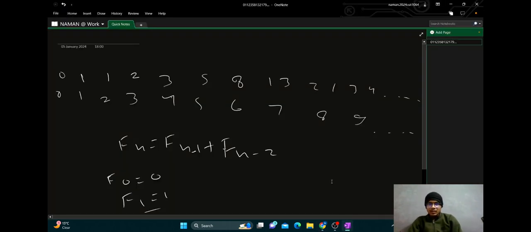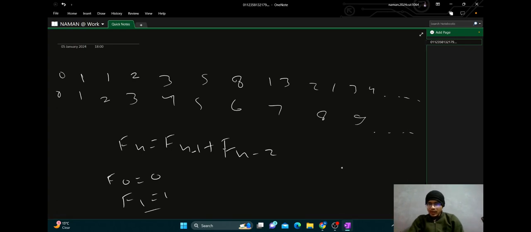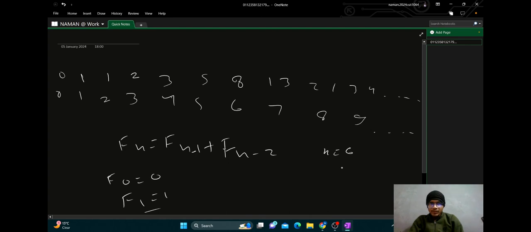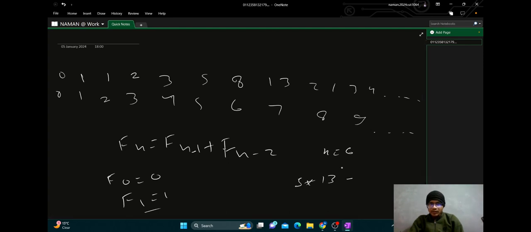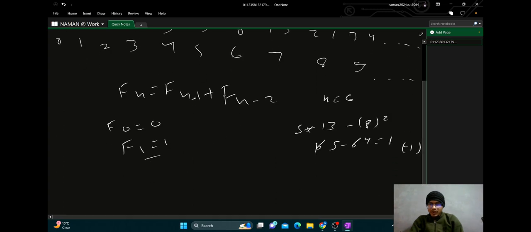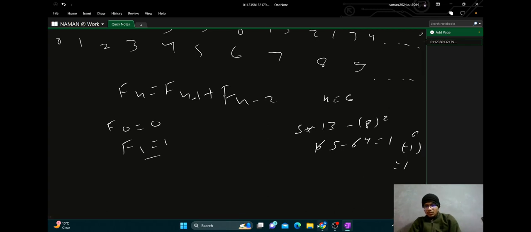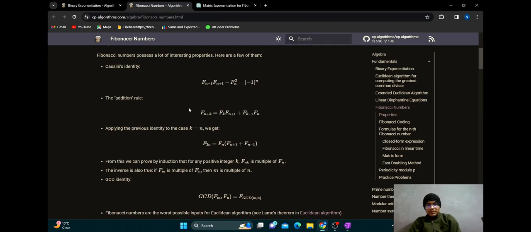Let's take an example, n equal to 6. Then f of 5 is 5, f of 7 is 13, minus f of 6 which is 8, squared. 65 minus 64 equals 1, which is minus 1 to the power 6. Minus 1 to the power 6 is also 1, as you can see. These properties you can prove using mathematical induction.